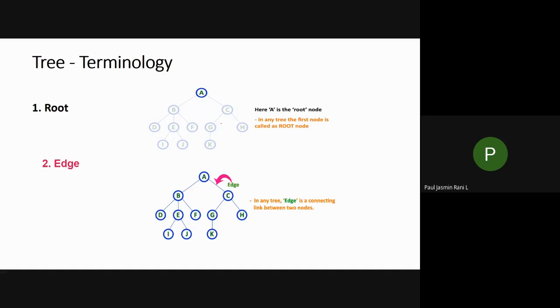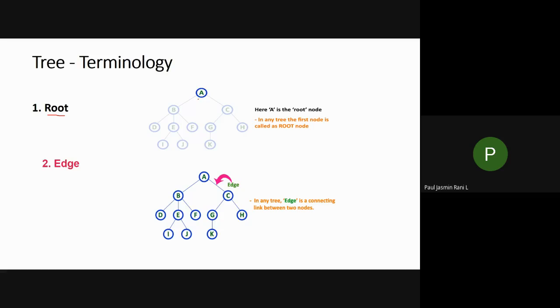If you see a linear data structure like a stack, for pushing, that is inserting, or deleting, the terms push or pop are used. Similarly, in your tree data structure also some terms are used. The first term is root. This plays an important role. Always remember that.